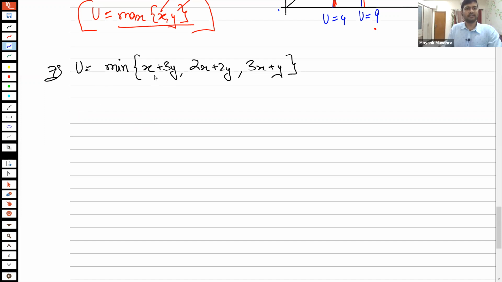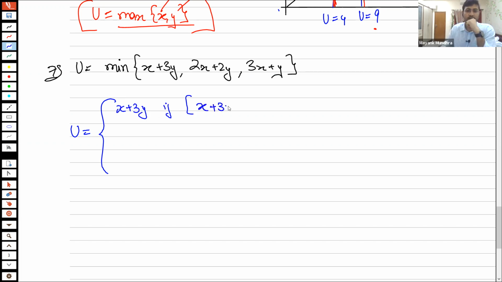So in this case, there are 3 functions now. I have to find a min. So it gets a little trickier. Utility would be equal to x plus 3y if 2 conditions are satisfied.